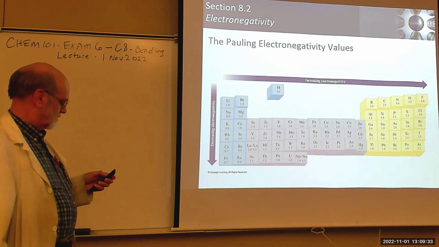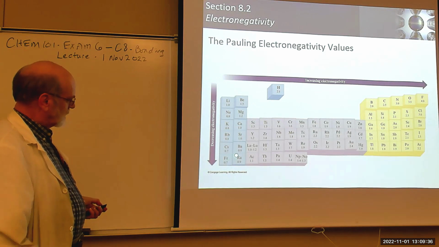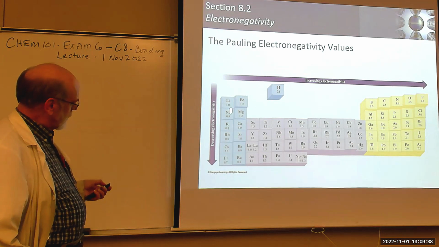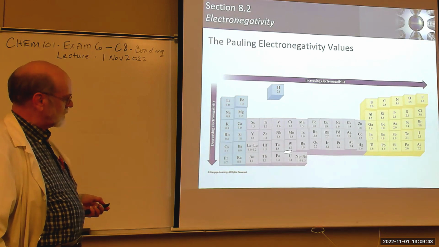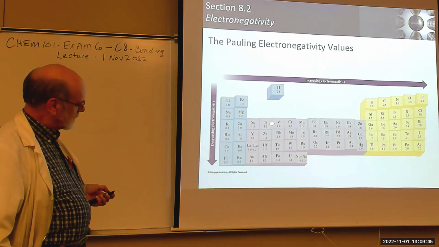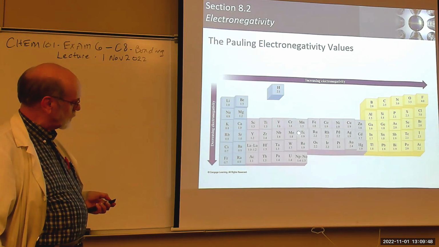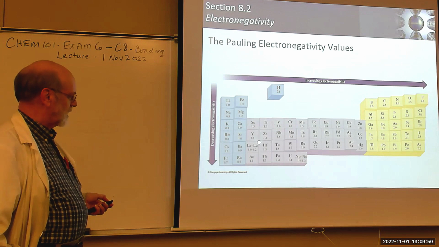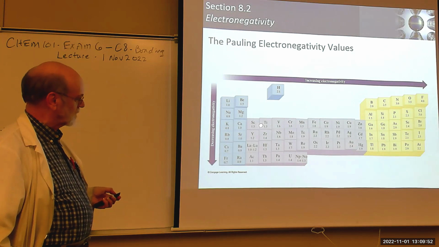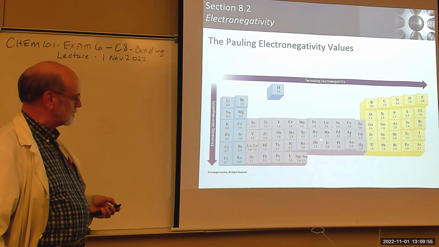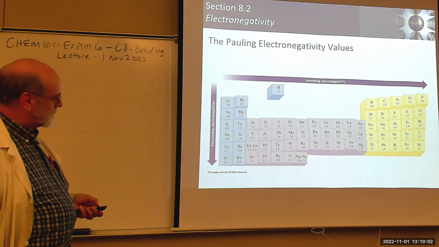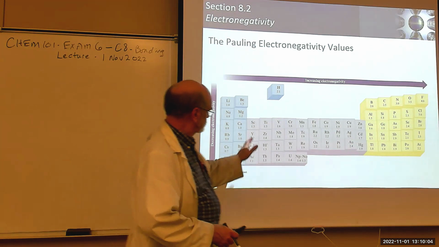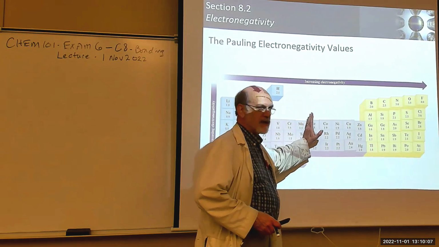So here's a representation. Notice that if you stay in the representative elements here and here, the trend is fairly consistent from here on up there. Once you get into the transition metals, it kind of roller coasters. And they're all fairly similar. 1.3, 1.2 up to 2.2, 2.4. And you get this dip in the middle. 1, 2, 3, 4, 5, dip.